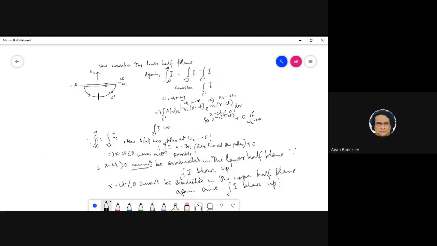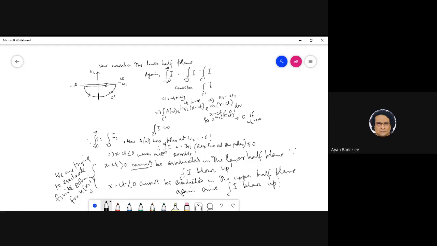Remember, we are trying to evaluate finite solutions for u(x,t). This is crucial.